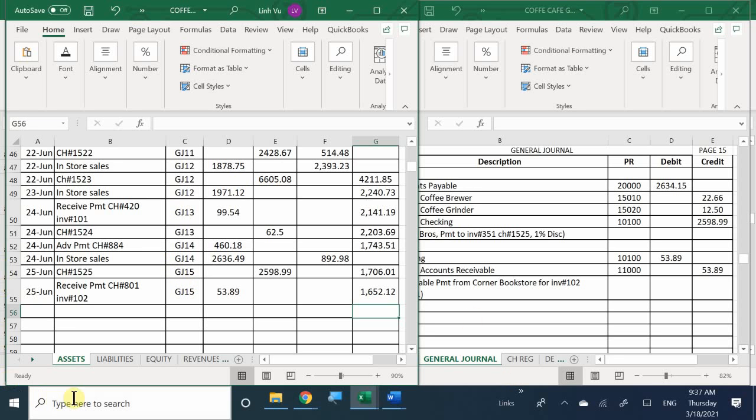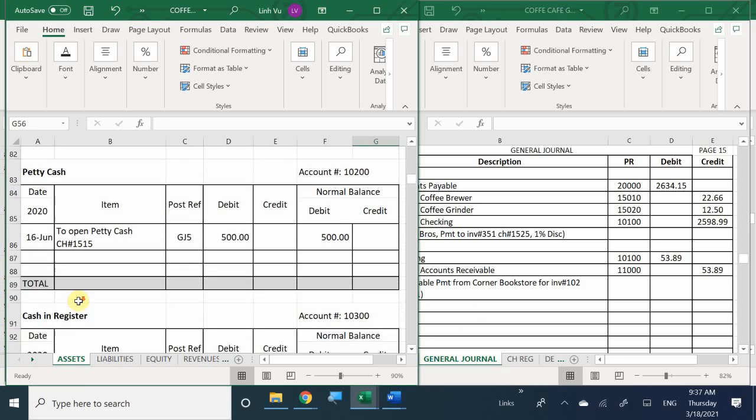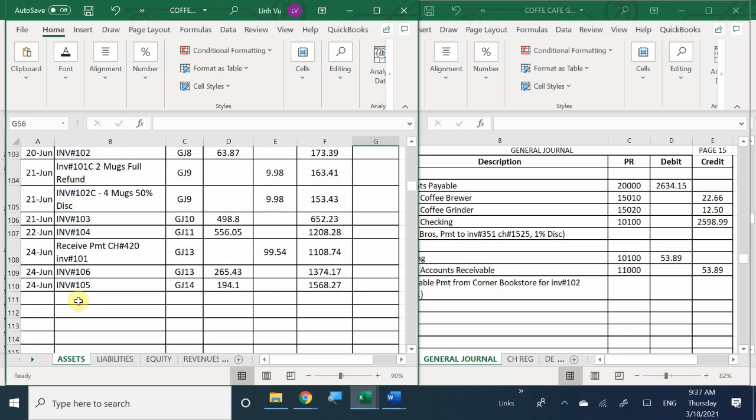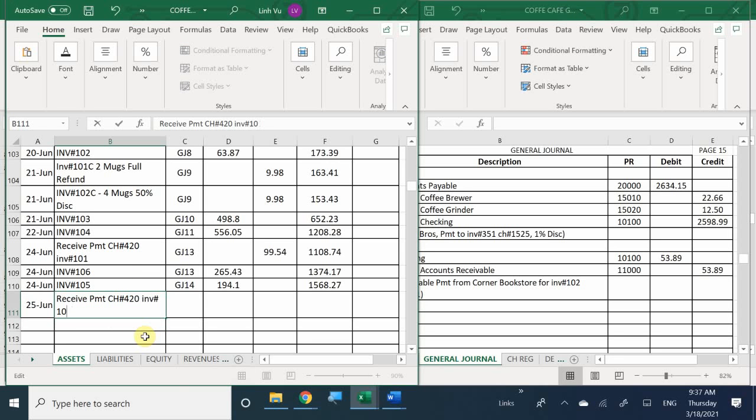Okay, so then we got to go to accounts receivable down below. General Journal 15.